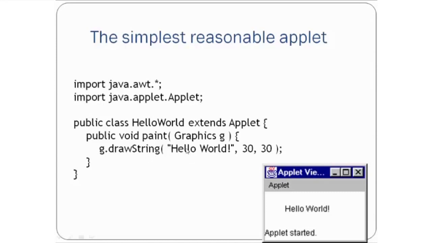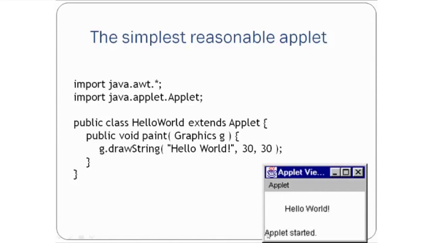So we are passing hello world, the string we want to write, and then we are passing the dimensions. These dimensions are x and y of this applet viewer. Consider this applet viewer is divided into a whole set of pixels. Each pixel has a value of x and y.